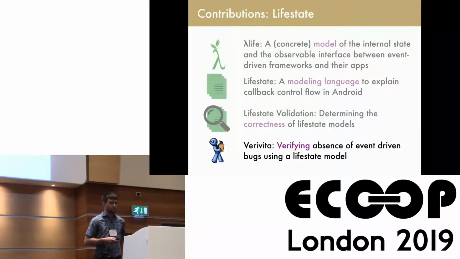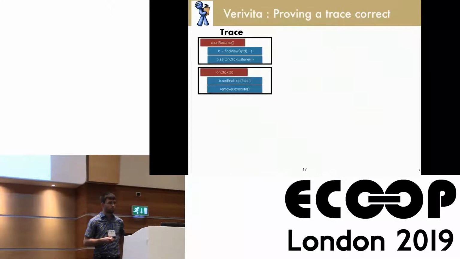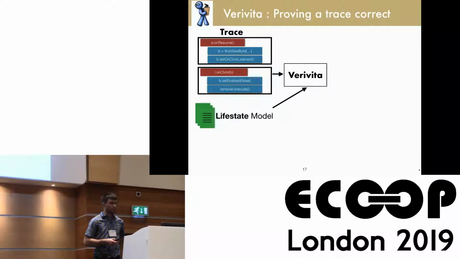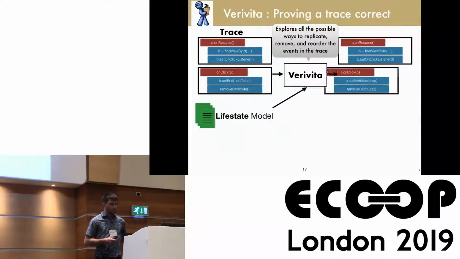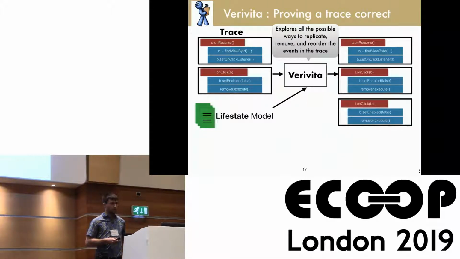Next we'll talk about Verivita, which is how we actually use the Lifestate spec. So if we take a trace, we can consider each of these callbacks some transition. And our tool, Verivita, takes this set of transitions and a Lifestate model. And we explore all of the possible ways to replicate, remove, and reorder the events in the trace.